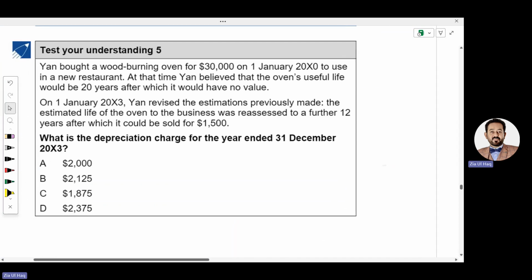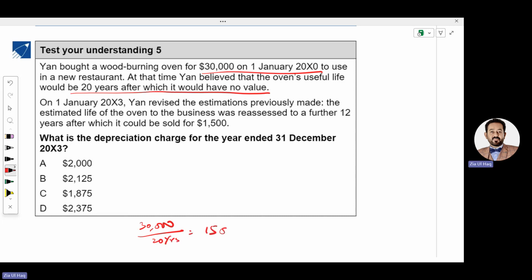A similar question. You bought a wood burning oven for 30,000 on 1st January 20x0, to use in a new restaurant. At that time, Yan believed that the oven's useful life would be 20 years, after which it would have no value. So depreciation will be cost over life, 20 years, will be 1,500 per year.